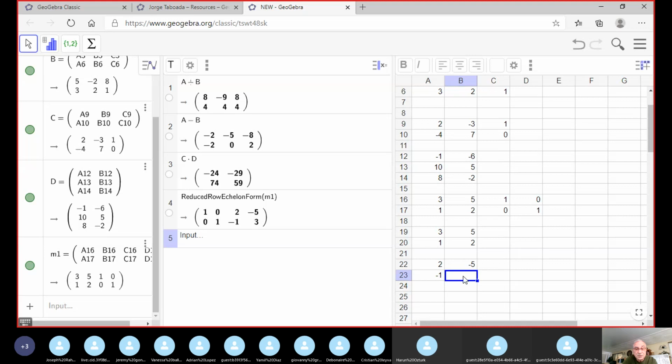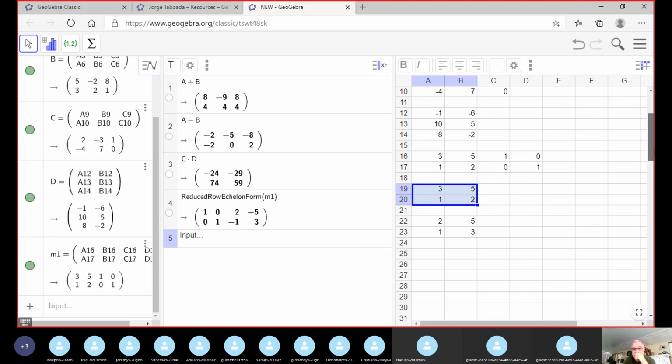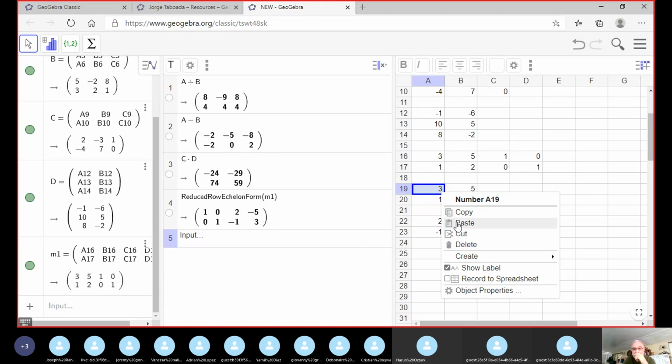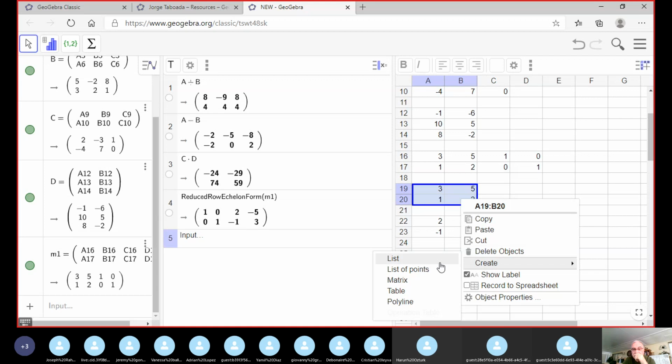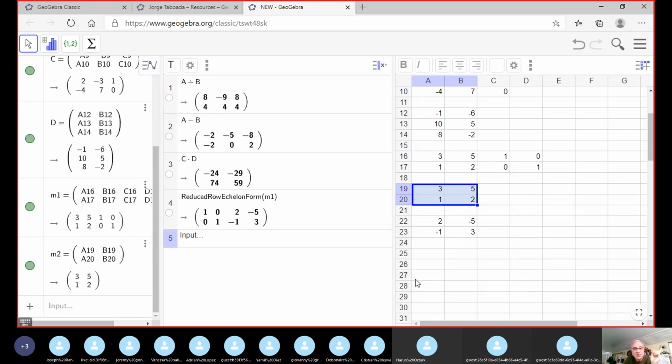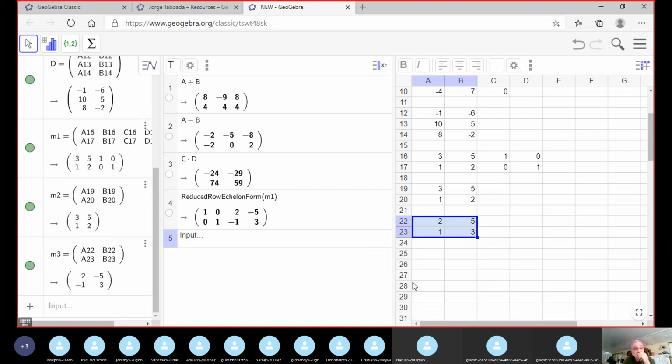I need to put a name on it. Well, M1, M2, M3. We create the matrix. Remember, this is M2, and the inverse I suppose M3. And let's do the multiplication.